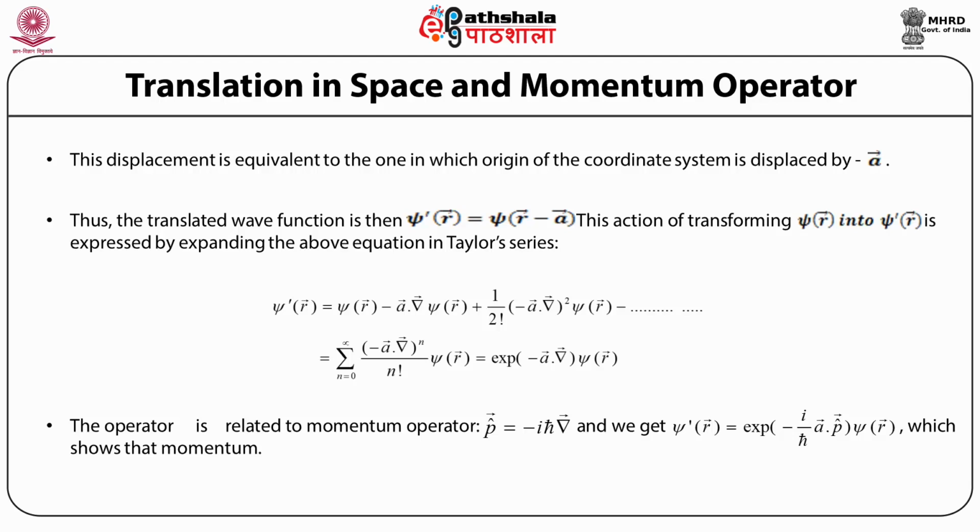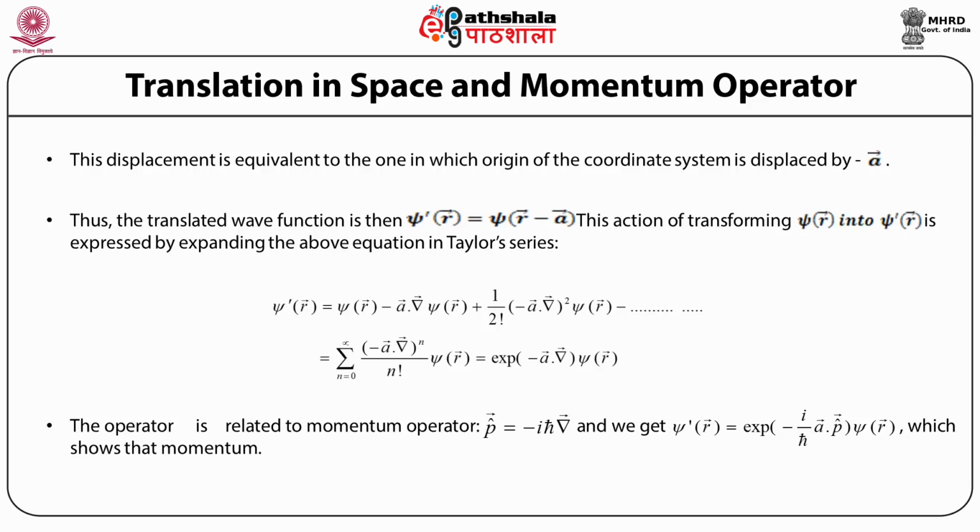And this series expansion for the wave function psi prime as a function of position vector r can then be rewritten as the summation over n going from 0 to infinity of within brackets minus vector a dot vector del, whole to the power n, upon n factorial, times psi of r.